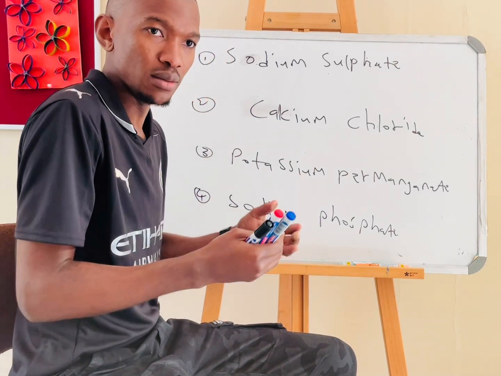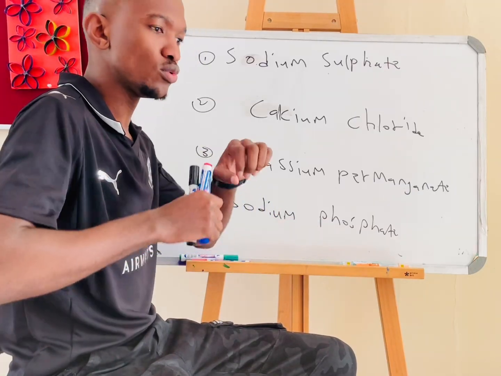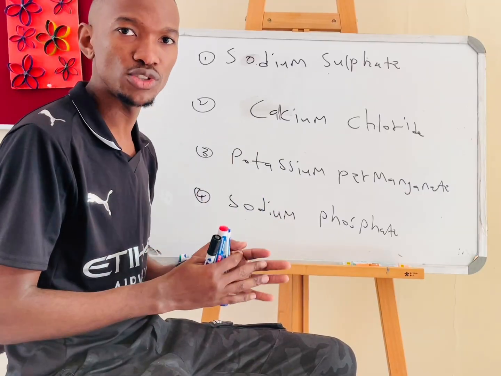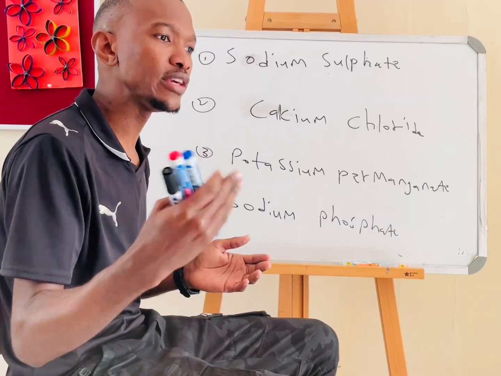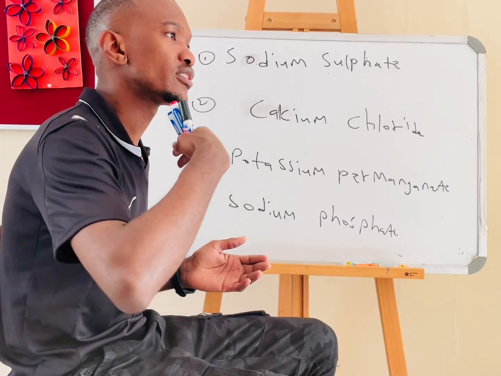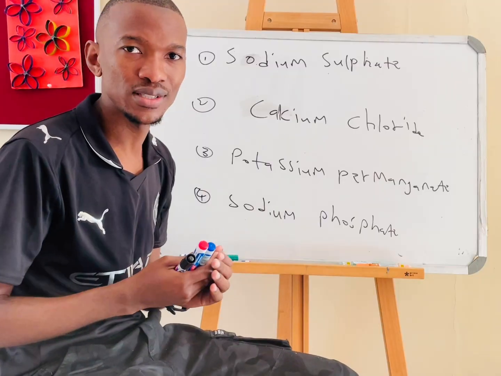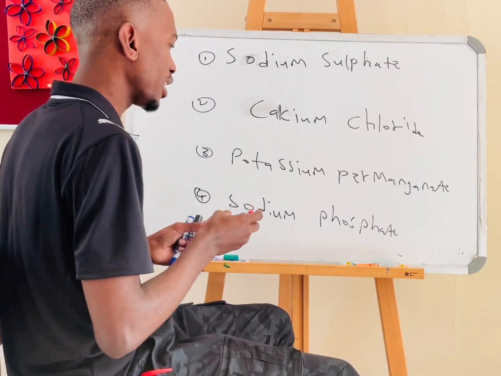You get what I'm saying? The moment they are dissolved in water, they will start to break into ions. So we want to see those ions in a solution. That's what we're looking for when they say give the chemical equation of the dissociation of the substances. You gotta do that.